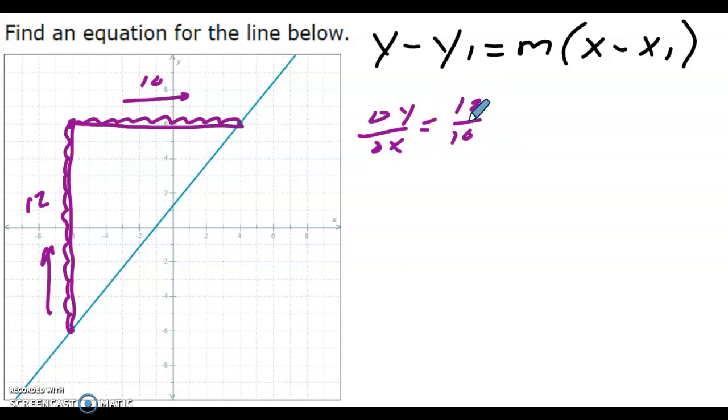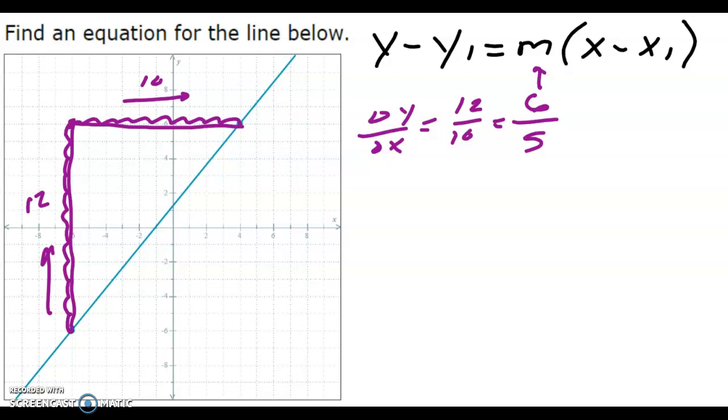We can simplify that. It can't necessarily get to a whole number, but you can simplify it where they have common factors. So the 12 over 10 can simplify to 6 over 5. So the 6 over 5 is going to be your slope. That's kind of the work involved here.